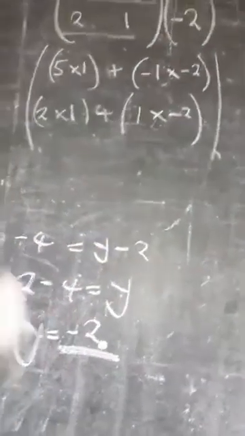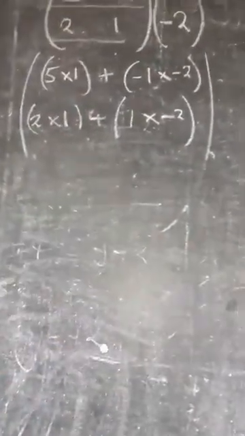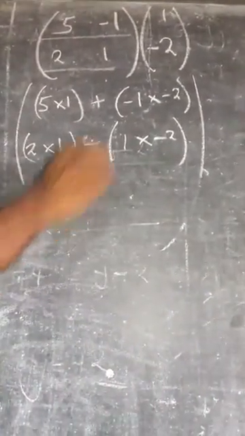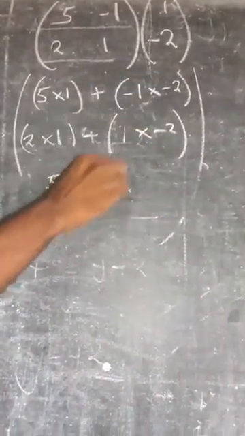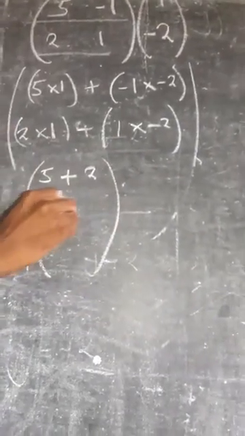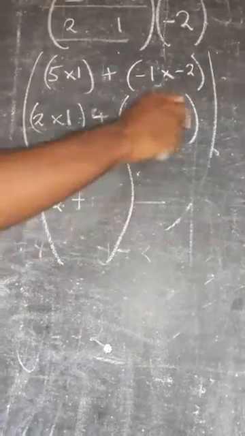So what do we have here? We have 5 plus 2, then we have 2 plus negative 2.